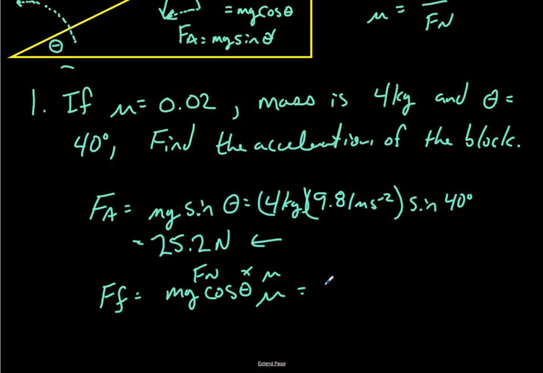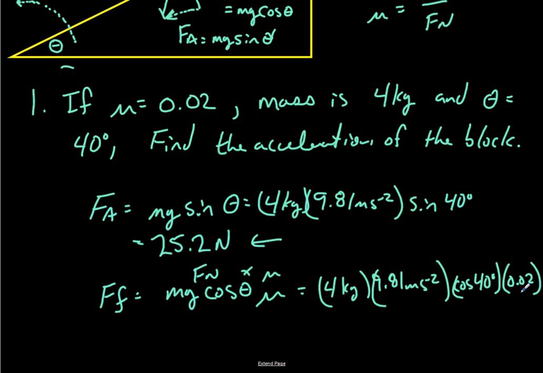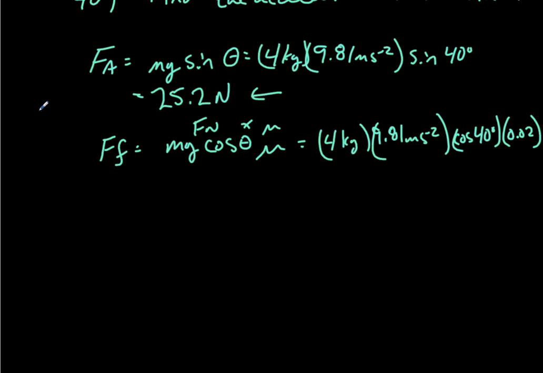So we get 4 kilograms, 9.81 meters per second squared, times the cos of 40, times 0.02. Probably not going to be a lot of friction here, but let's calculate that. So we get 0.6 newtons for the friction in this case, which is pretty small.